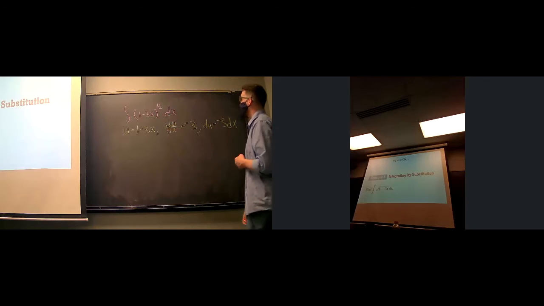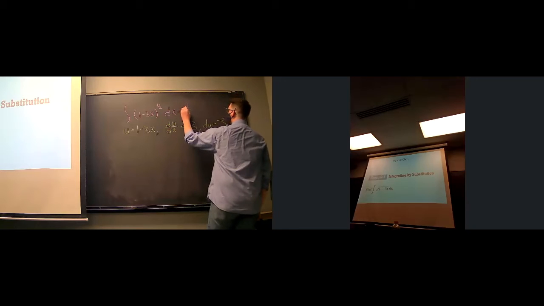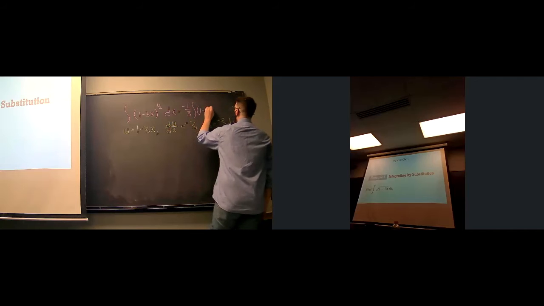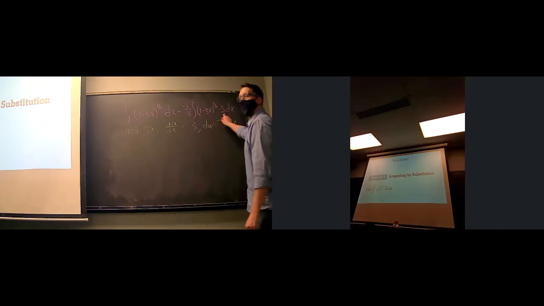But what we could do is we could rewrite this as -1/3 times (1 minus 3x) to the 1/2, times -3 dx. Same exact thing, right? When we move that -1/3 inside, these things are going to cancel to give us 1. So we've done nothing here.